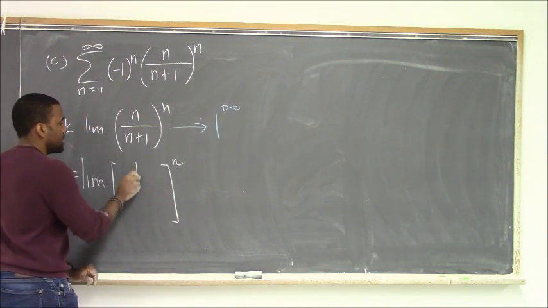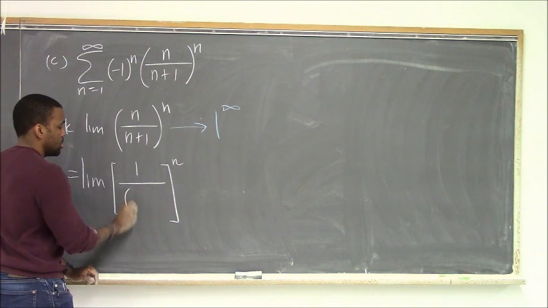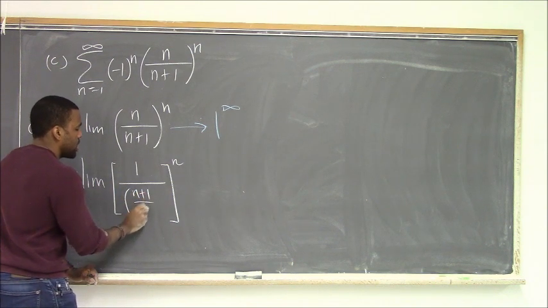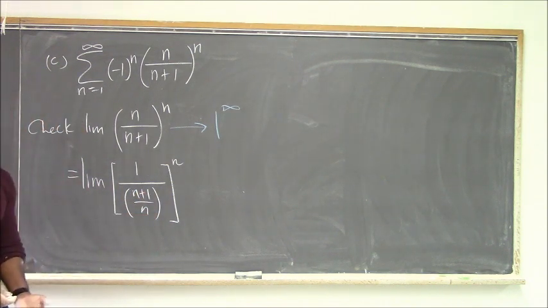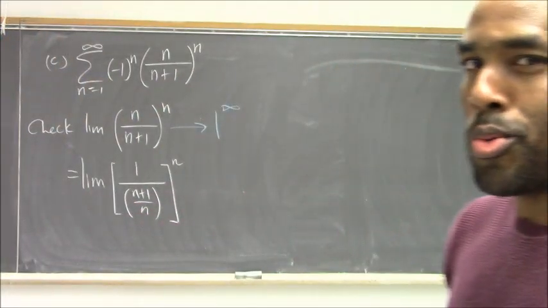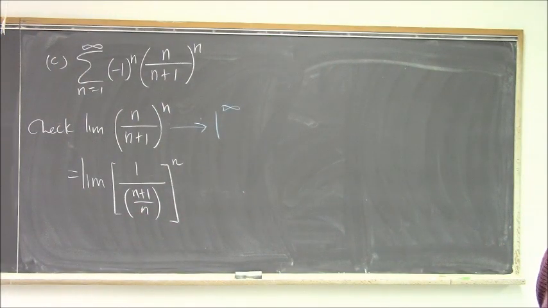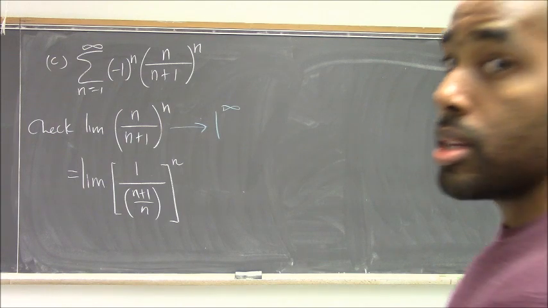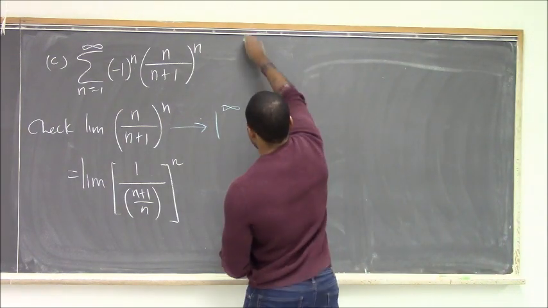So I'm going to think of this as 1 over n plus 1 over n. Now, so far, some of you are probably wondering why I decided to do that. Otherwise, maybe you'd like to pause the video and try to see what I'm going for here. See if you can figure out where I'm heading here. Okay, let me actually do another step.